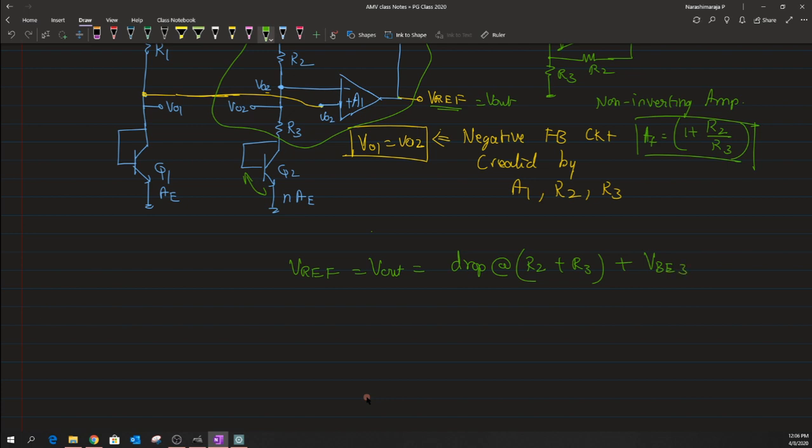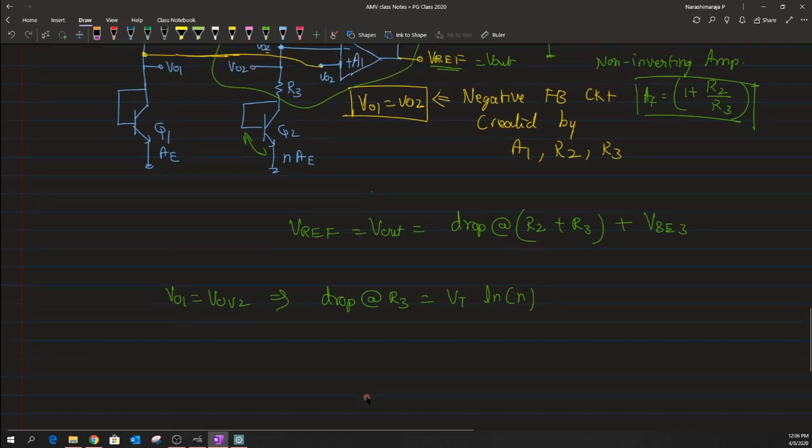Now we know that if our VO2 is exactly maintained at a value of VO1, one could write the current flow or the drop across this resistor R3. The drop across resistor R3, provided VO1 is exactly equal to VO2, is VT into ln of N, and this we already know from our previous discussion.